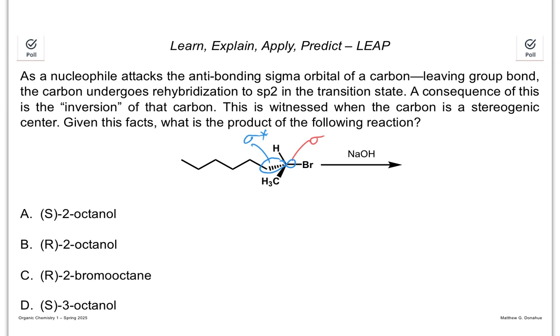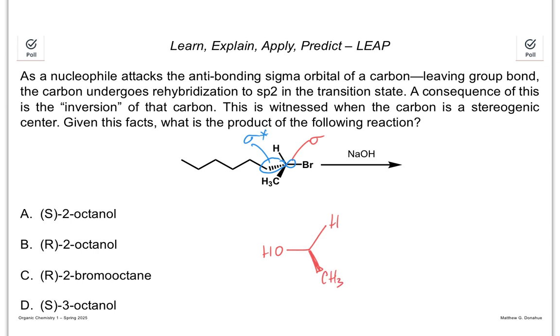So how can I reasonably do that fast? The OH has to be in the plane opposite to the carbon-bromine bond. There's the nucleophile, there's the carbon. The H is still in the plane, but we're flipping it over to the other side. The methyl group is still pointed out, but now it's on the other side.